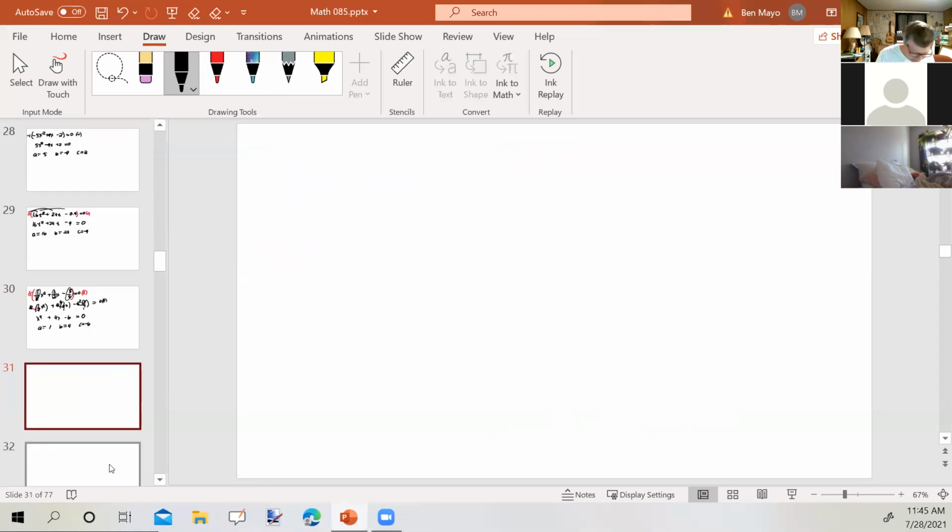And then one other example, let's say I've got this 33y squared plus 99y minus 66 equals 0. Can you see that 33, 99, and 66 are all divisible by 33?